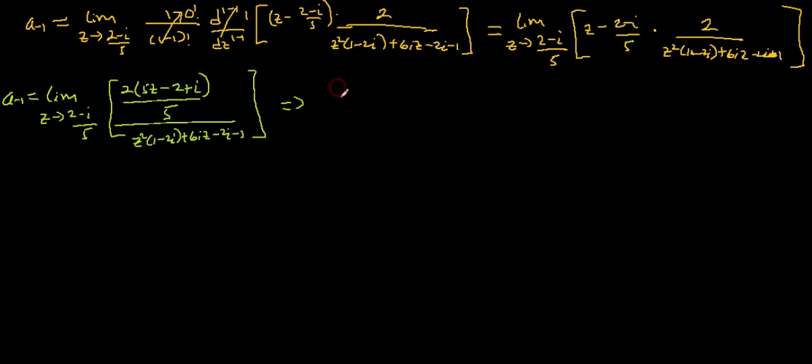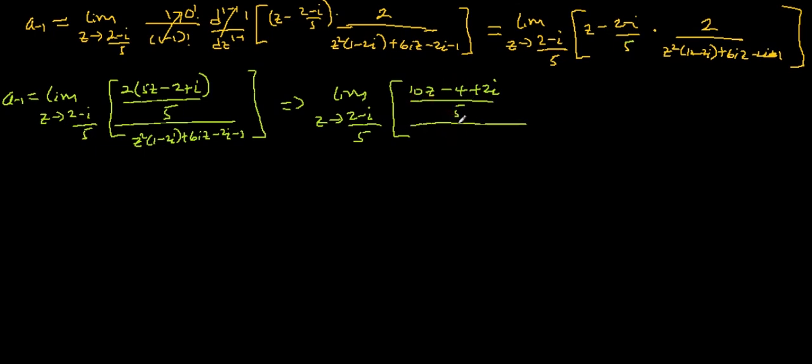So this is limit as z turns to 2 minus i divided by 5 into, we have 10z here minus 4 plus 2i divided by 5 divided by z square into 1 minus 2i plus 6iz minus 2i minus 1.